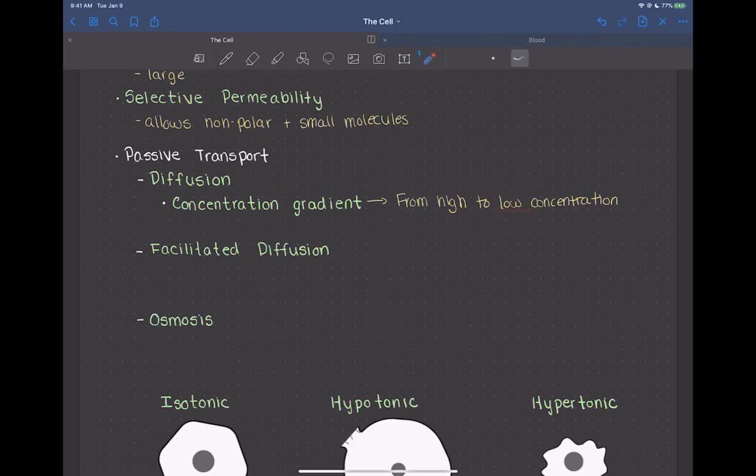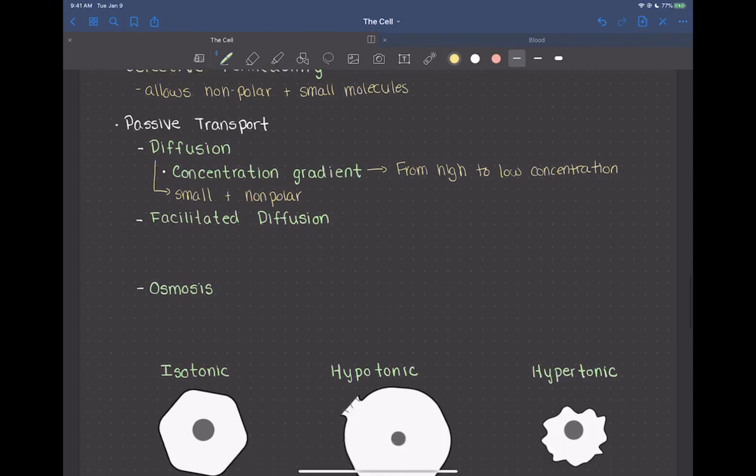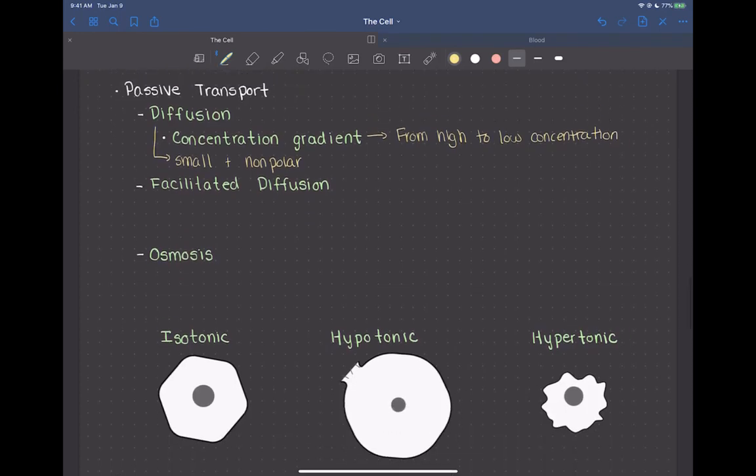And so simple diffusion like this would be for small and nonpolar molecules. These would be molecules that could just move across the membrane without any help from high concentration to low concentration. So the only thing that determines if they're moving through the membrane or not is that concentration gradient.